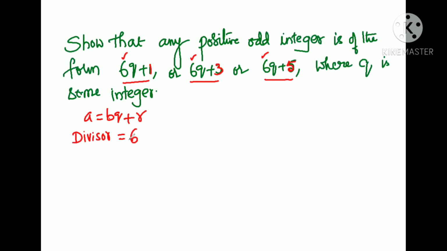So the divisor is 6, then the possible remainders are 0, 1, 2, 3, 4, 5. If you divide any number with 6, you may get the remainders as 0 or 1 or 2 or 3 or 4 or 5.